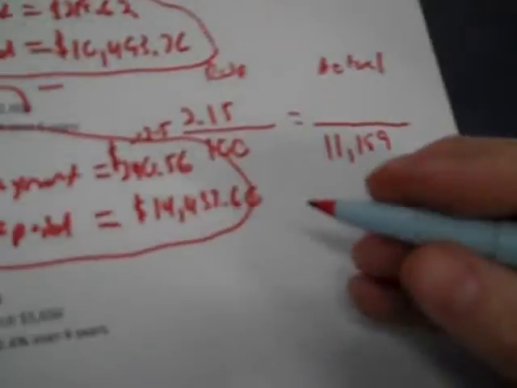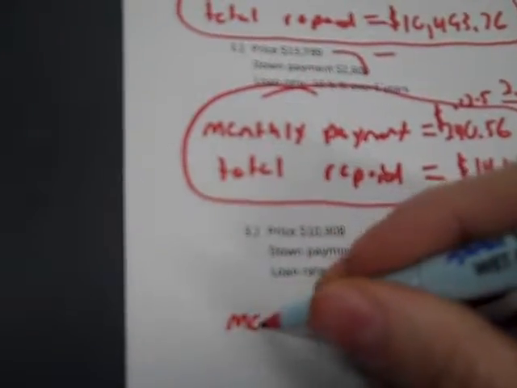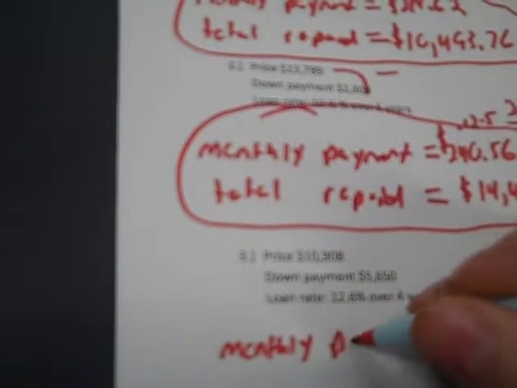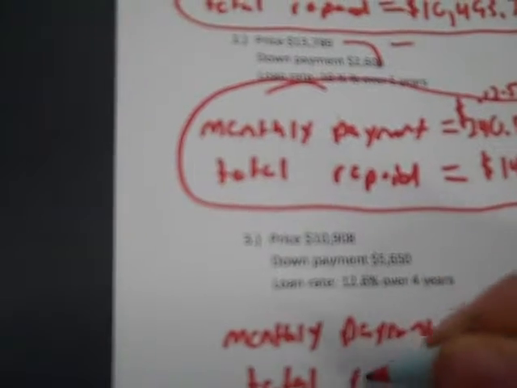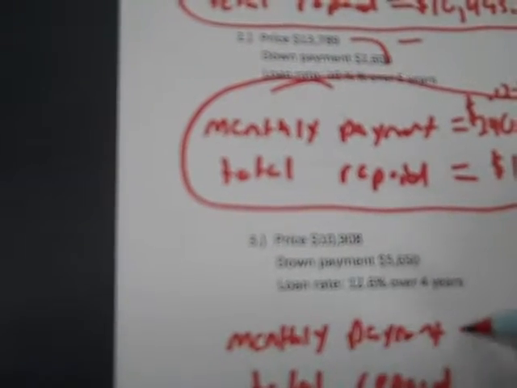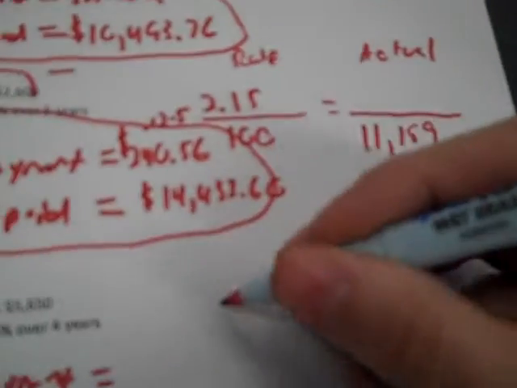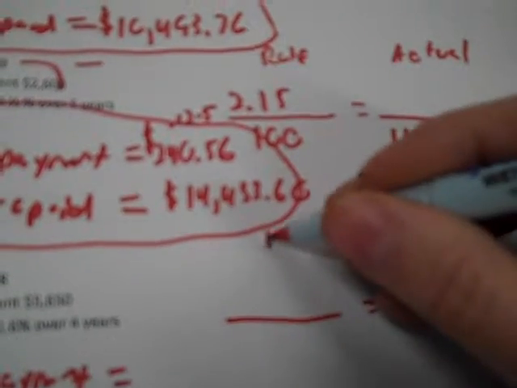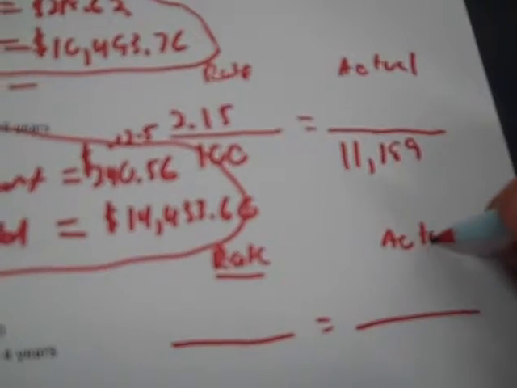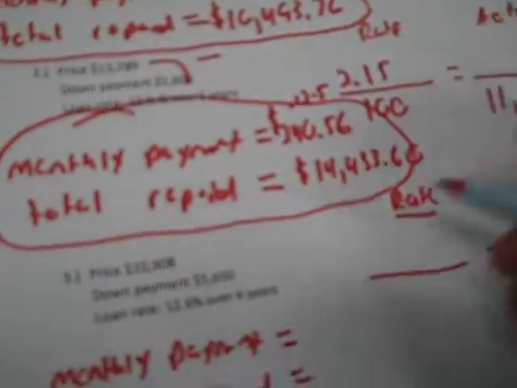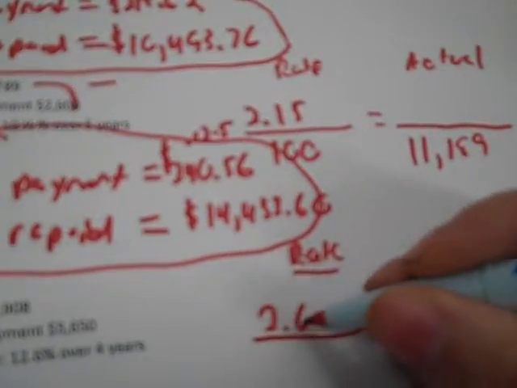Okay, next one. So again, monthly payment and total repaid. Okay, so to find the monthly payment, we have our rate and the actual. Okay, so 12.6 over 4 years is 2.66 per 100.